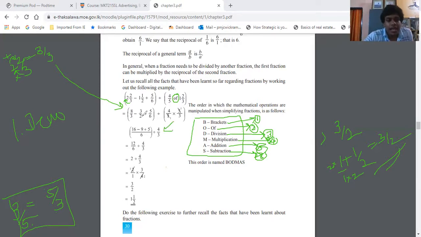So now after that we have to simplify this. How are we going to do that? They say addition, subtraction. 3 and 2 have a common denominator, that is 6. Cross multiply, and you will get the same denominator.